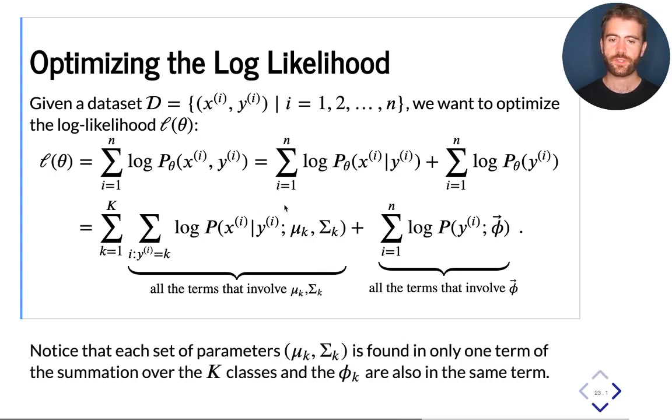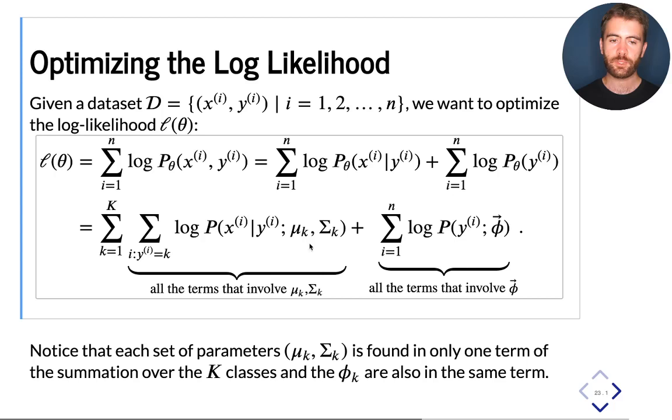So there is a sort of independence between the parameters, and the practical implication is that if I want to optimize, for example, over the set of phis, then I can completely ignore this term here. If I want to find the phi that maximizes the log likelihood, I only need to look at this term, and I can ignore all the other terms.